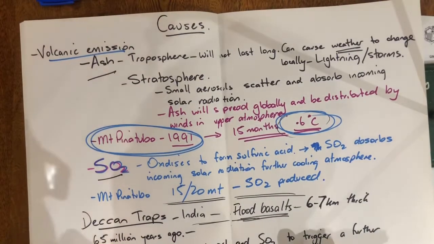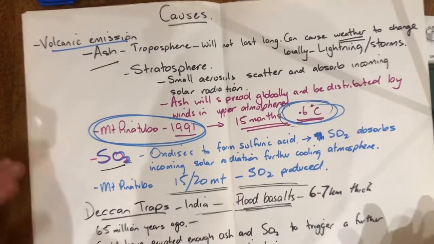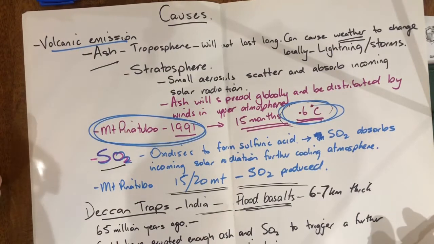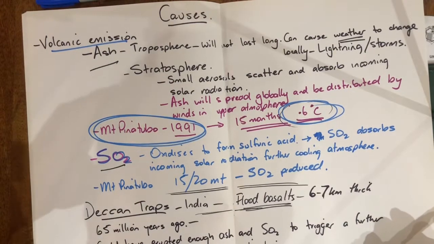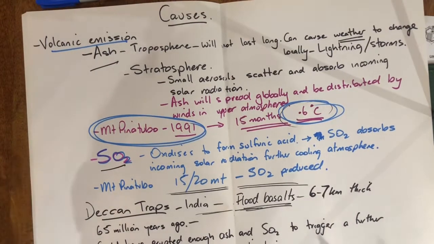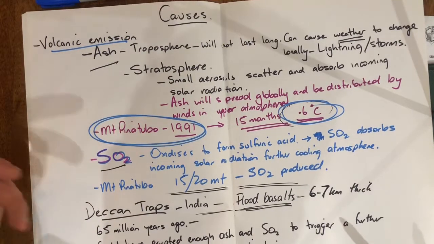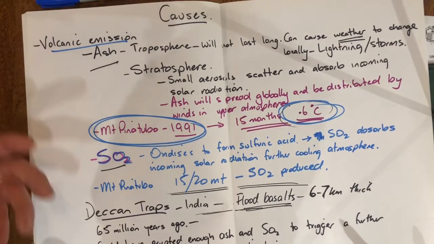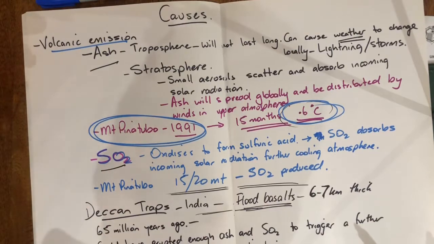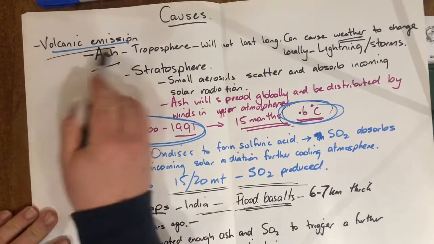I will say could, because all evidence leads to the meteorite impact. However, often with these sorts of extinctions, there are normally 1, 2, or possibly even 3 events that all coincide to cause that extinction. Okay, so that's volcanic emission.